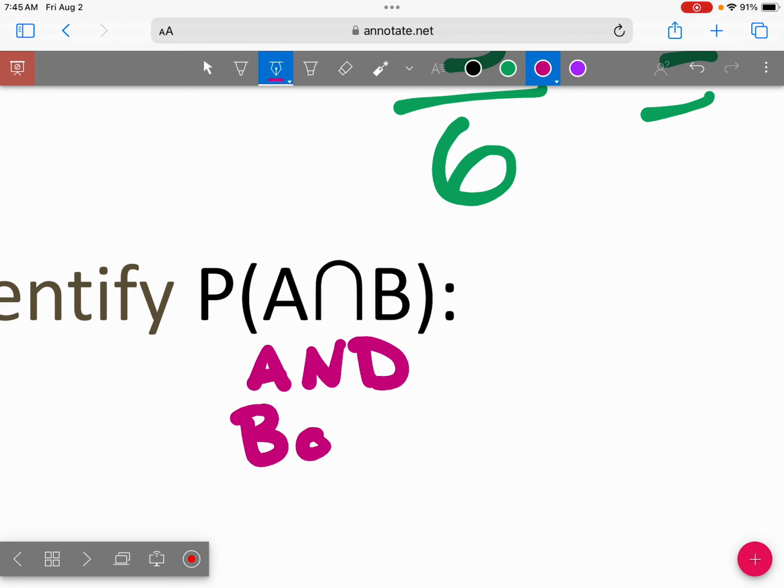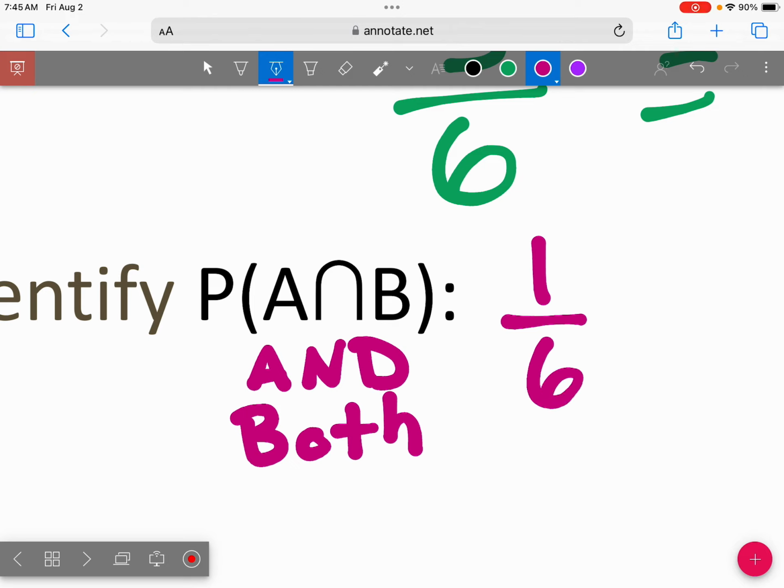So I need it to be both an odd number and bigger than 3. How many odd numbers bigger than 3 do we have? 1. So what is my probability? 1 out of 6.